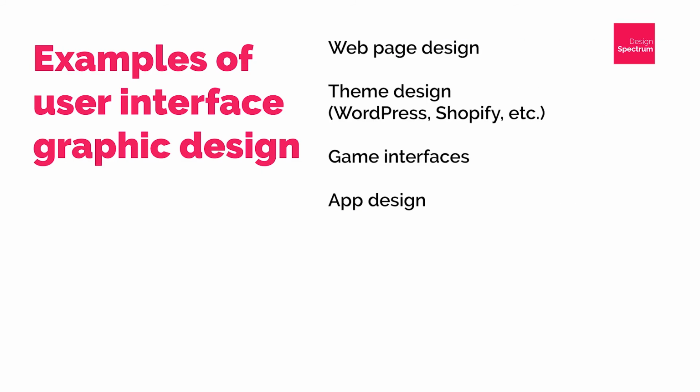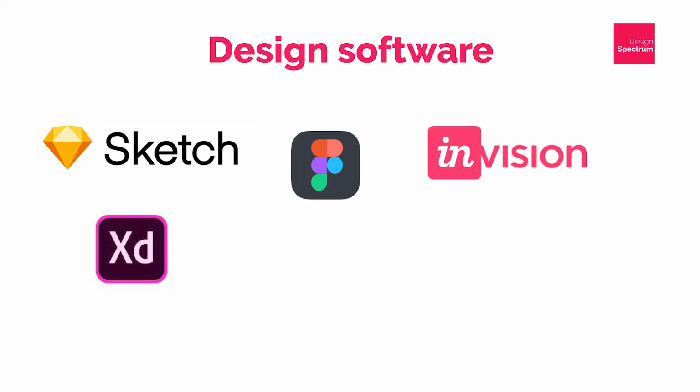Examples of user interface graphic design are web page design, theme design for maybe WordPress, Shopify, and so on, game interface design, and app design. And the design softwares that designers who do UI use, majorly, are Sketch, Figma, InVision, and Adobe XD.